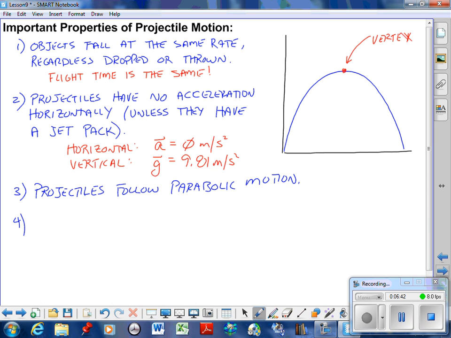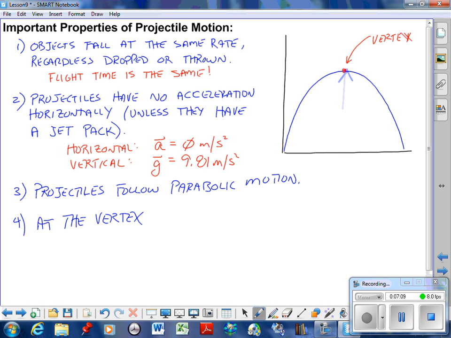So at the vertex, what happens? Well, an object was moving up. When it reaches its highest point, it starts to fall down. So for one moment in time at that point, your vertical velocity is 0.